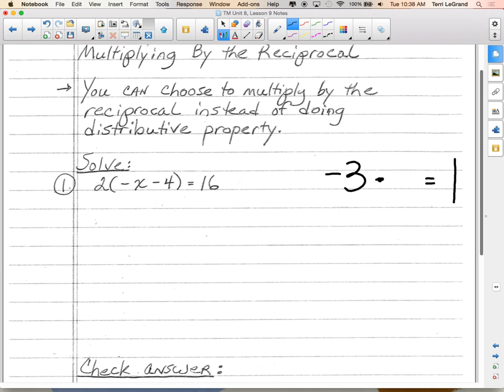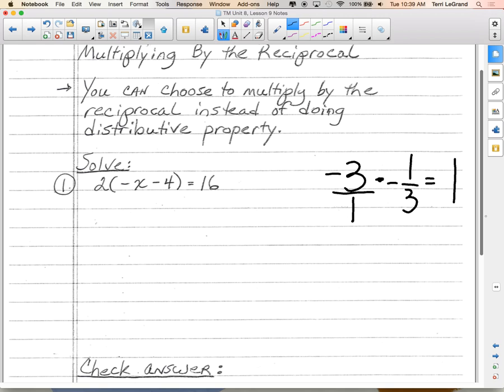Sam? -1/3, Sam says. What do you guys think? -1/3. Because if I make this into a fraction, what's a negative times a negative, class? Positive. And 3 times 1 is? 3. And 1 times 3 is? 3. And 3/3 is? 1. I think Sam has it.